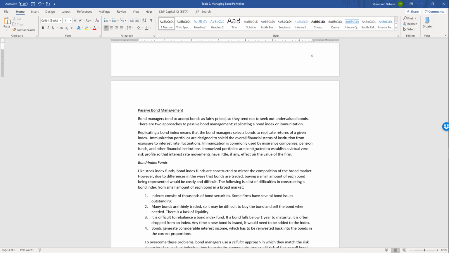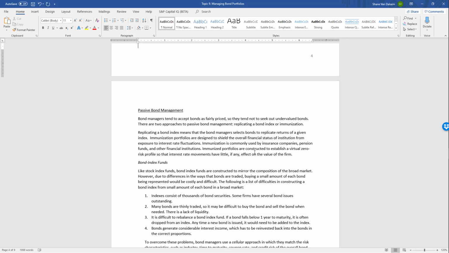So they engage in passive management. They're not trying to find undervalued bonds. There are two approaches to passive bond management. The first is replicating a bond index, which is very different from replicating a stock index, or immunization, which is removing or decreasing the interest rate risk of a portfolio.